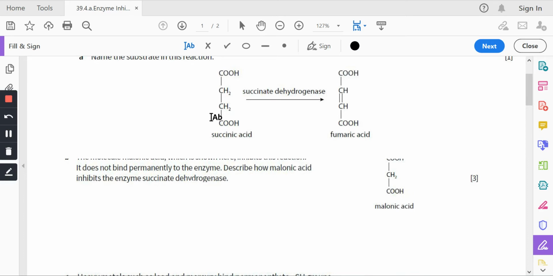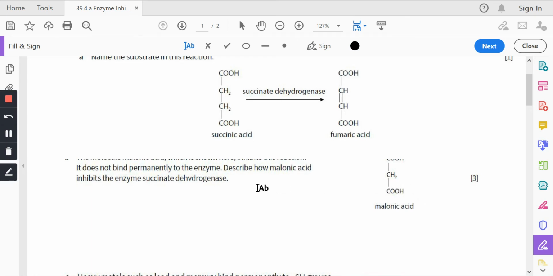Look carefully, structure of succinic acid is very similar to structure of malonic. Only one CH2 group is more in succinic and that is not there in malonic. So I can clearly tell that the inhibitor looks like the substrate, very similar. So I can call this a competitive inhibitor.